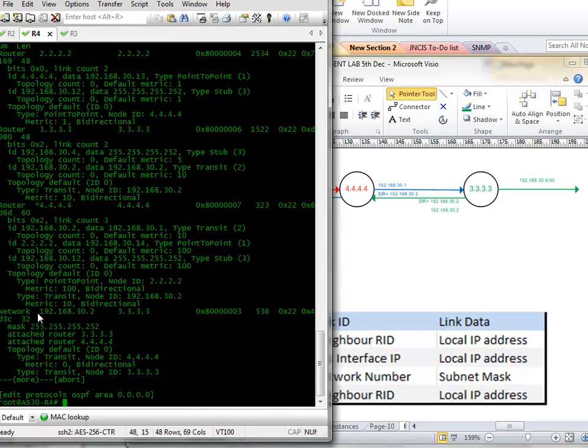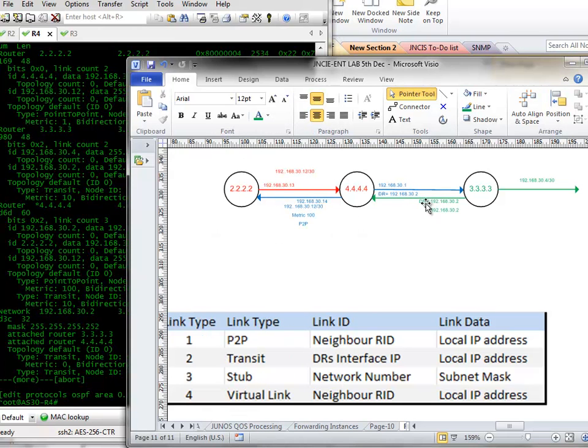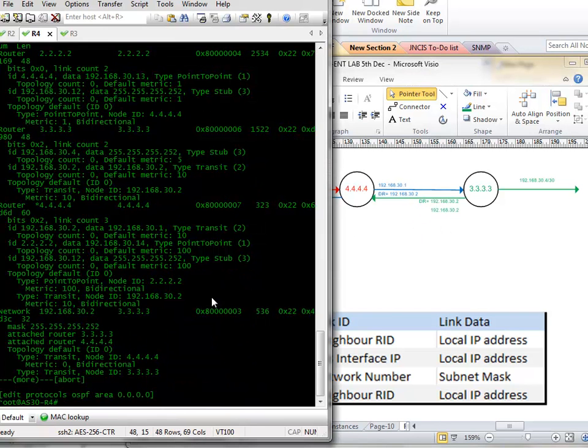Now what the network LSA does, if you remember, is describe this here. So if you had a number of routers connected off the same network segment, you would describe them here. As it happens, we've only got two on a shared segment.